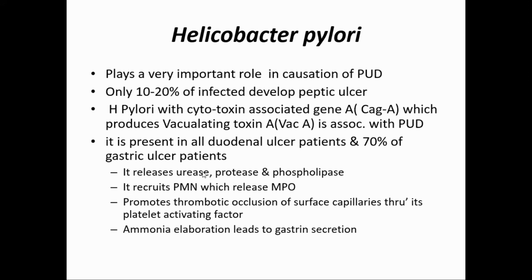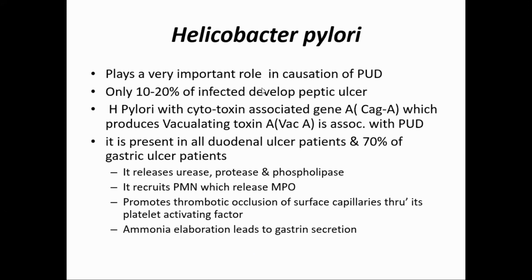It recruits polymorphonuclear leukocytes which release myeloperoxidase. It also promotes thrombotic occlusion of surface capillaries, so there is ischemia. The ammonia elaborated by the urease through breakdown of urea will lead to excess gastrin secretion, which will lead to excess HCl secretion.